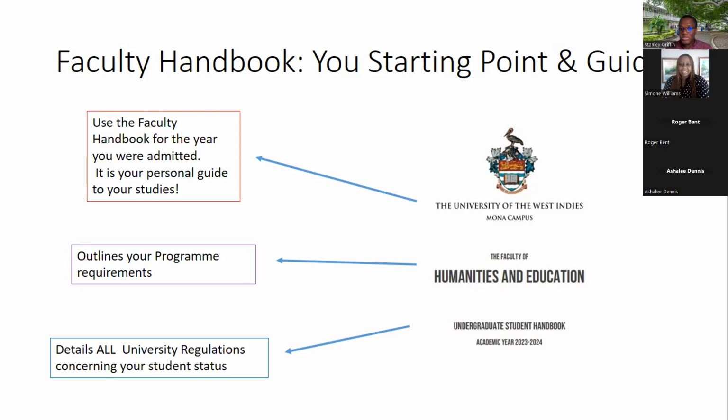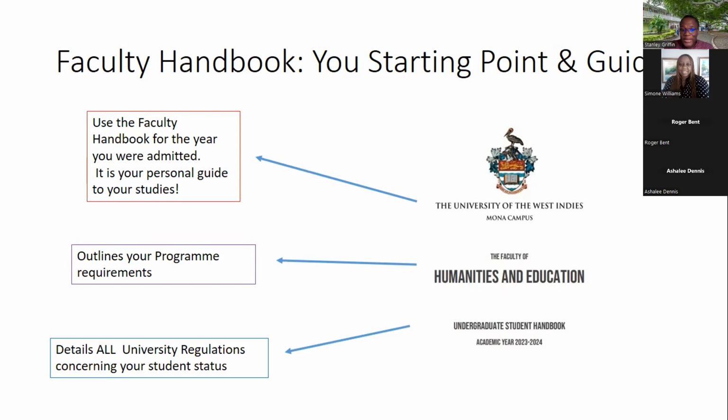So you ought to use the faculty handbook for the year you were admitted. That's the rule. You came in a particular year, the year of admittance, and that faculty handbook is your personal guide to your studies. And so, quite frankly, you ought to know it like the back of your hand, right? It is essential for figuring out what you need to do to be successful in your studies.